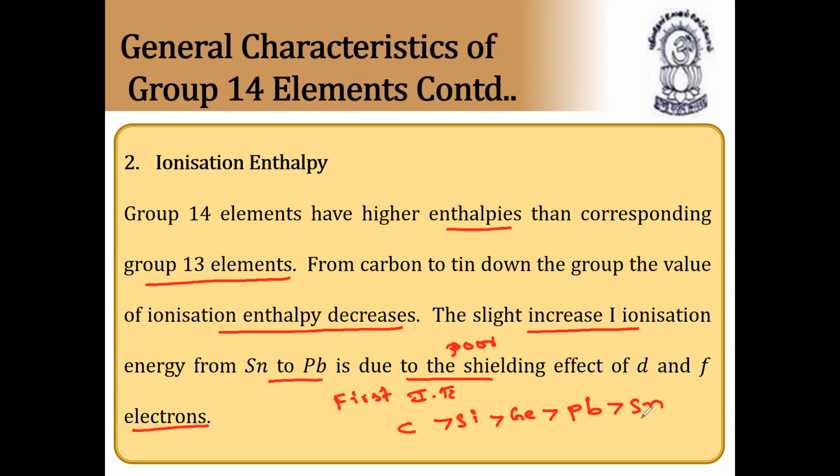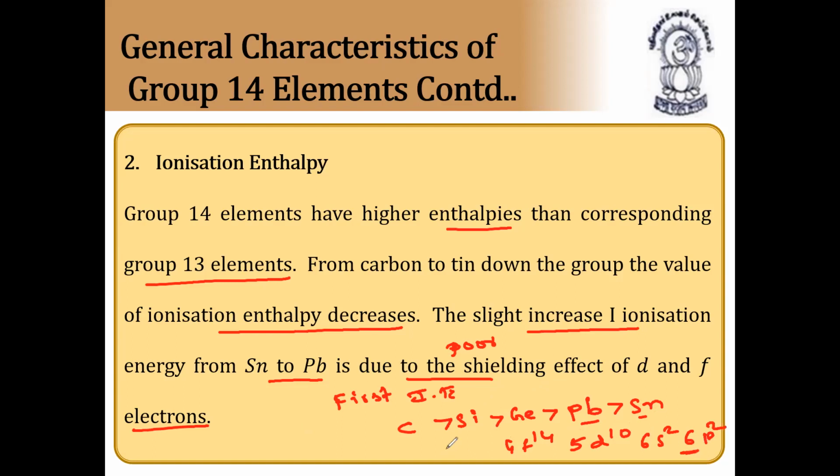So lead is greater than tin. Tin is the least one. Why is lead having more? Due to the poor shielding effect of d and f electrons. If you see the configuration of lead, it has fully filled f orbitals and fully filled d orbitals, 4f14 and 5d10 for lead, 6s2 6p2.